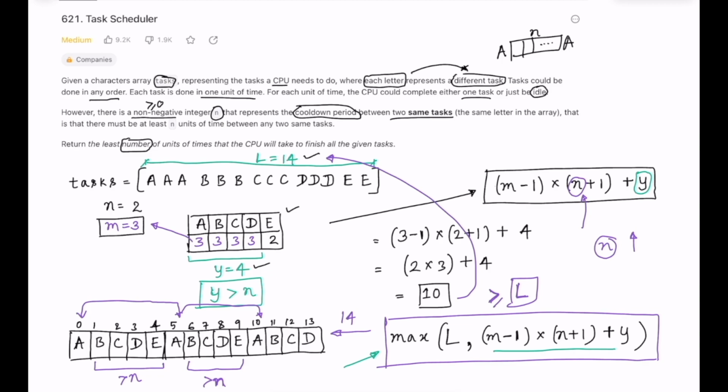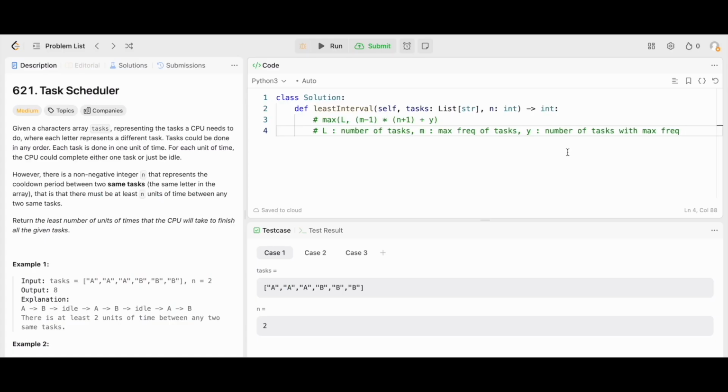Let's write the code for this. I have already copied the formula that we derived before, where L is the number of tasks that are given to us, M is the maximum frequency of the tasks, N is the cooldown period, and Y is the number of tasks with maximum frequency.